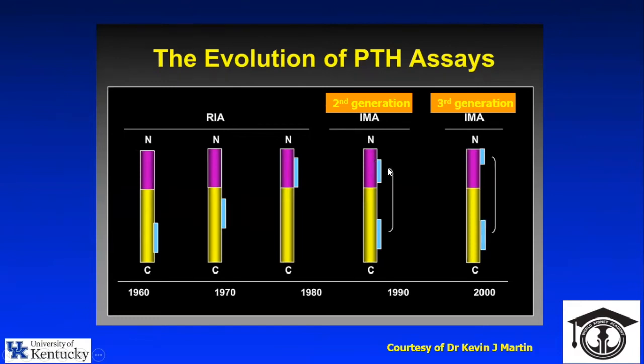And now we are using 2 antibodies, what we call sandwich ELISA. So we use one called the capturing antibody and one called the detecting antibody, one to the N terminal, one to the C terminal. And we moved a couple of decades ago to the first amino acids in the N terminal. So this is the 3rd generation, which is more specific compared to the 2nd generation. The 2nd generation is still the most widely available, but it still misses the first important amino acids in the N terminal.